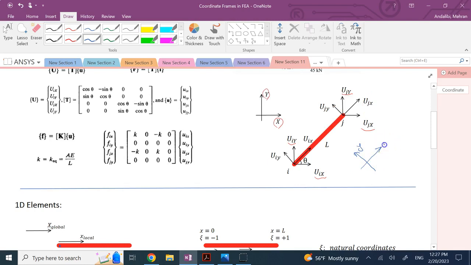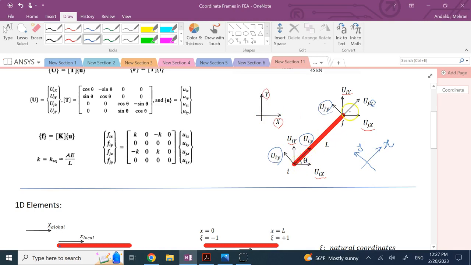And this local frame is aligned with the member. You see the x of it is aligned with the member and y of it is perpendicular to the member, and similarly here and here.